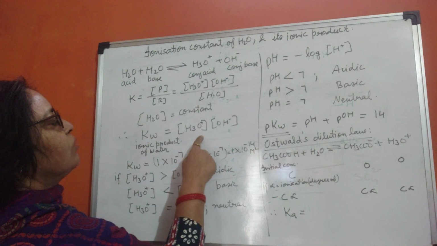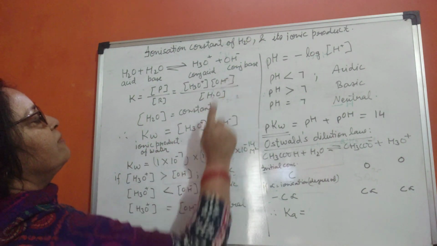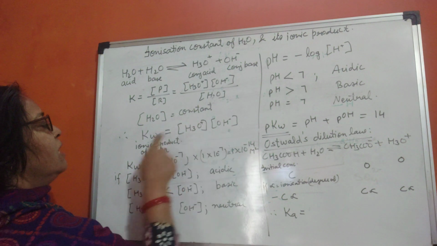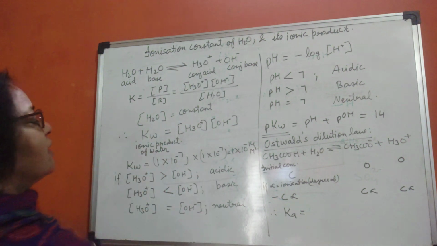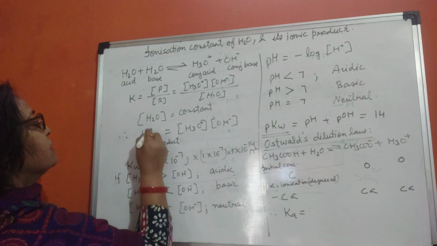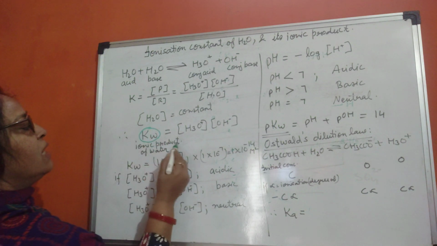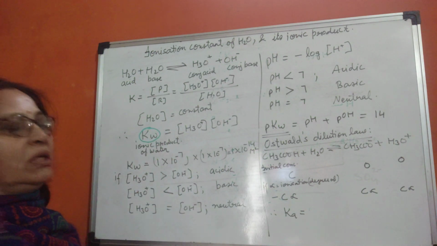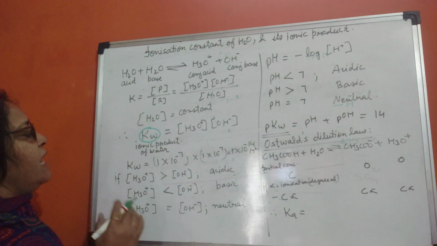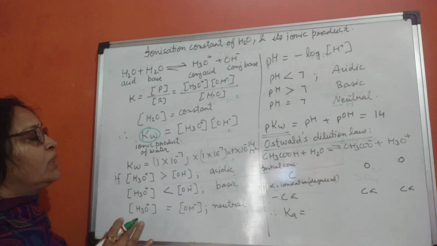It is equal to the concentration of H3O positive into OH negative. Now this Kw is a new term which is called the ionic product of water.